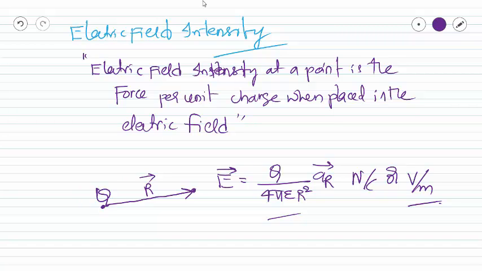In this case Q is the charge already present in this region. So in the vicinity of Q we have taken a point P here. At this point we are finding the electric field intensity due to this charge which is already existing here. So that is electric field intensity.